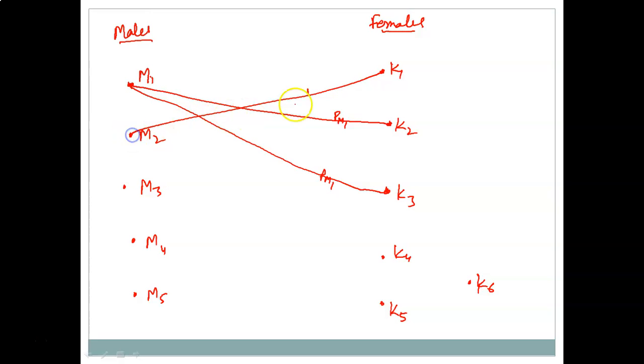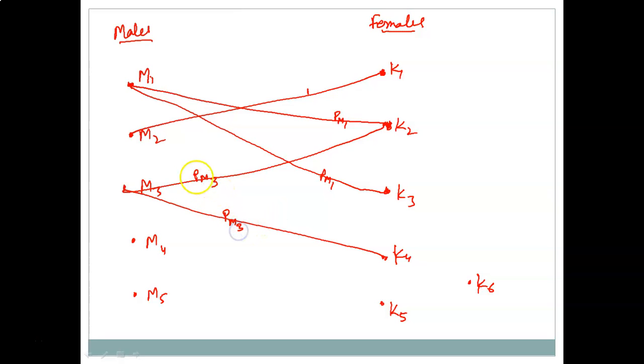Similarly, M2 has no other preference and is perfect with K1, and M3 is also giving preference to K2. So suppose this is the first preference, so I write 1 here, and this is the second preference.